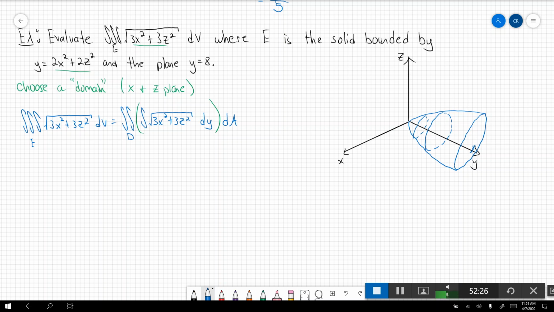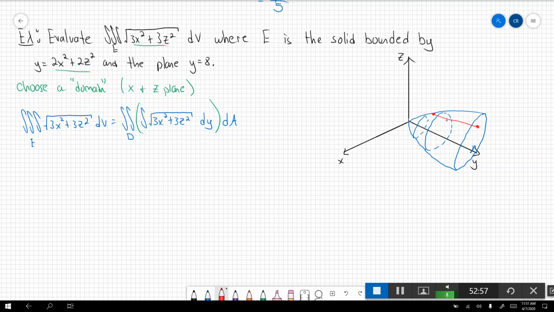So the y values here are changing, and we want to figure out how they're changing. If I take any one of these y values that exist in this paraboloid, I'm going to be choosing a y value that will then give me the height that I'm looking for.